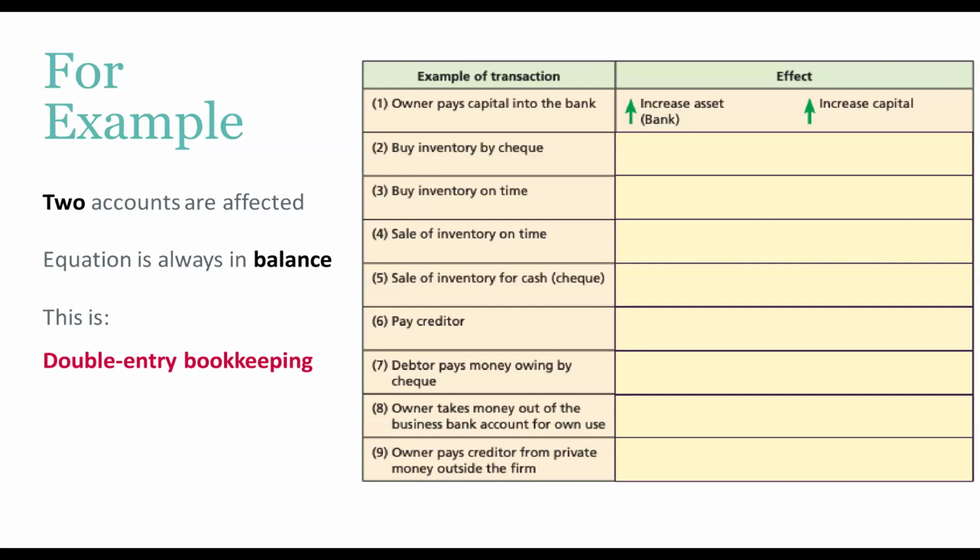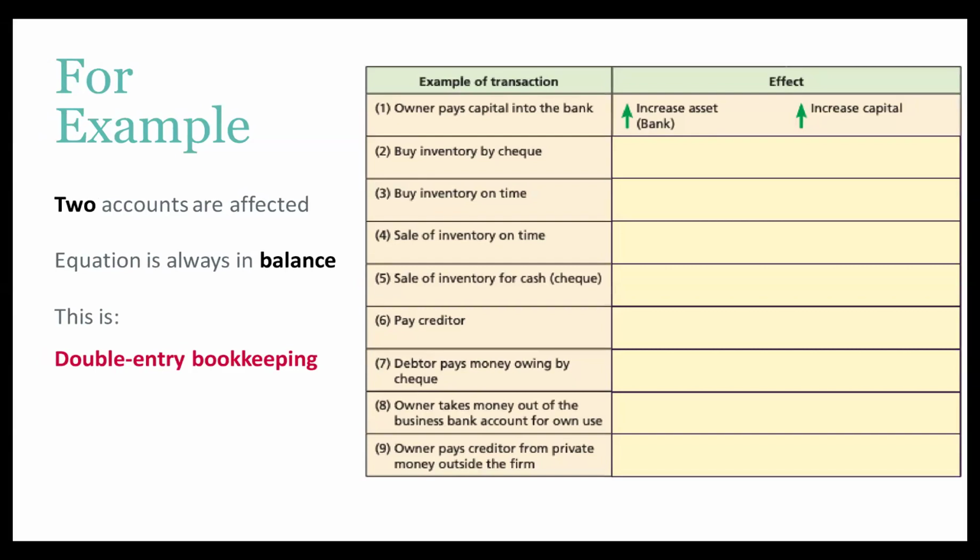For example, if the owner pays, are you able to see what happens on the diagram, or on the figure here? If the owner pays capital into the bank, what is happening to our bank account? Our bank account is receiving cash, which is an asset. Is that clear? Yes, sir. It is receiving cash, which is actually an asset.